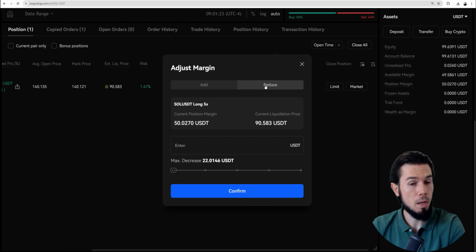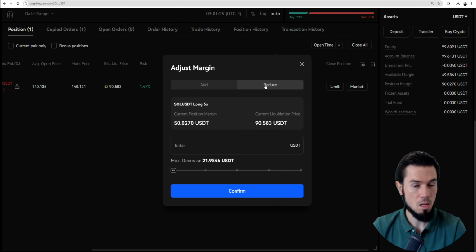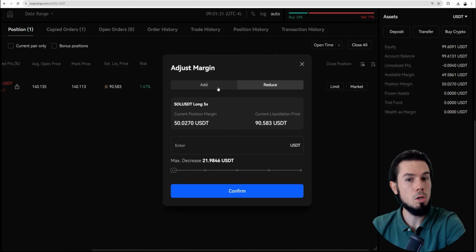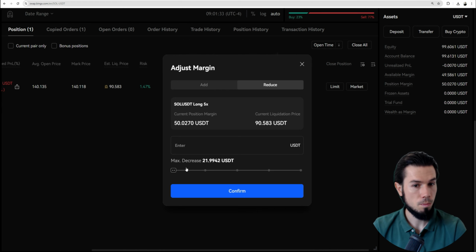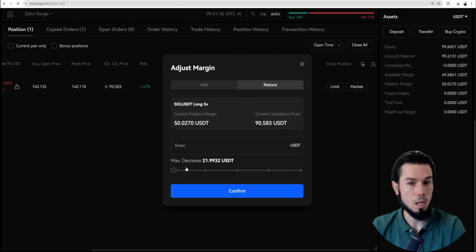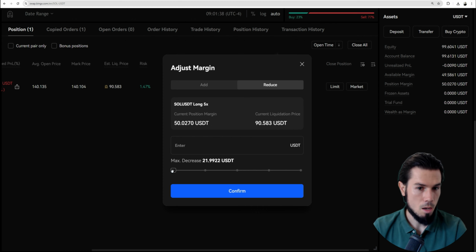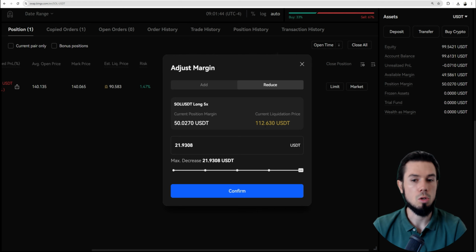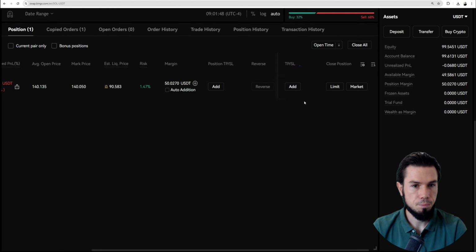My initial opening was 28 USDT, and I added additionally 22. So I can only reduce out of that 22. I cannot reduce out of my initial 28 anything, right? This is the way it works. If I reduce my margin, my liquidation price increases back to that level. You can always work around these things very nicely.